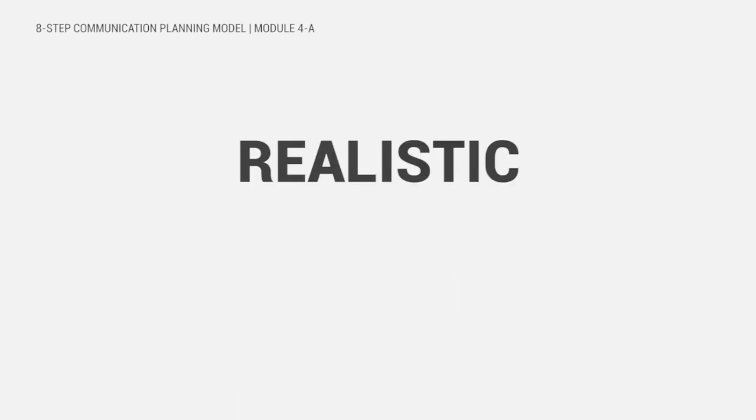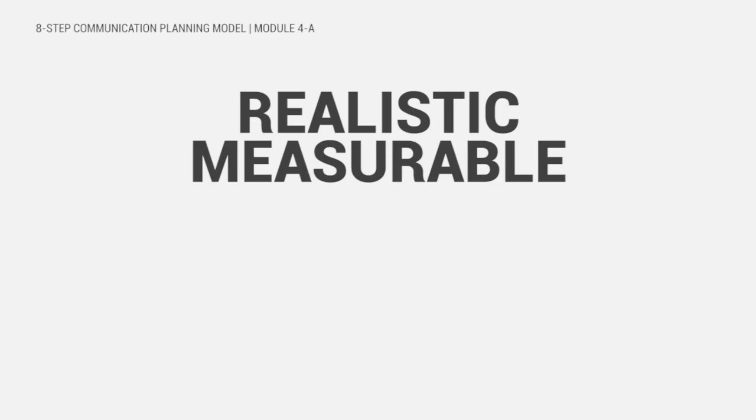Realistic. If you can't envision success in the goals you have written, there's a good chance those goals are not realistic. To assess the viability of proposed goals, we must consider our available resources or potential sources. Measurable. Our goals have to be framed such that we'd be able to tell and verify whether we have succeeded.